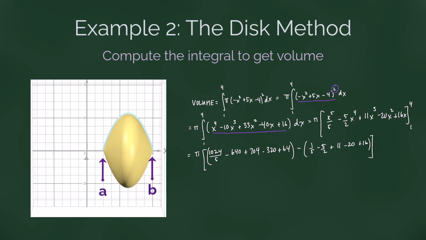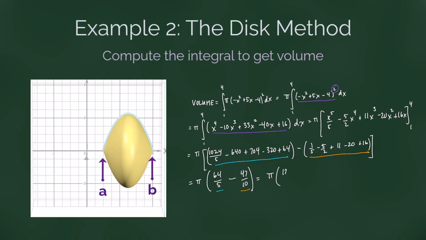Distributing our negative sign, moving around some terms, we're going to get pi times 64/5 minus 47/10. 64/5 comes from our first set of parentheses and 47/10 comes from our second set.